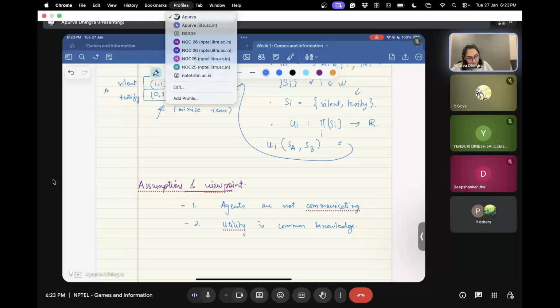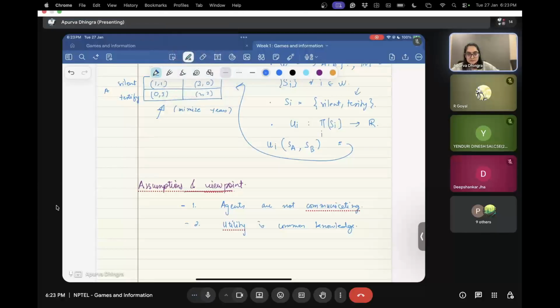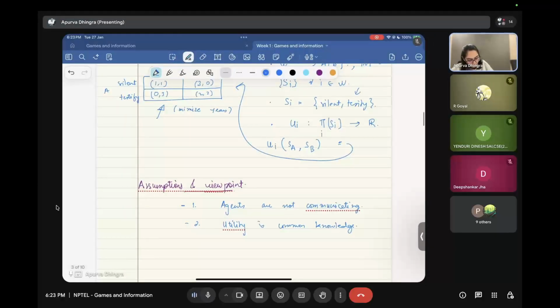Another thing over here is the viewpoint that we are taking, or our idea of doing all of this in game theory, is not to try and make one player win or to say what strategies will actually be played by any of the players. All we are saying is, as observers, what can we say about the rules of how the game must be played?